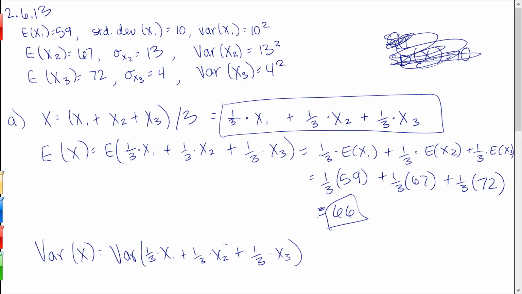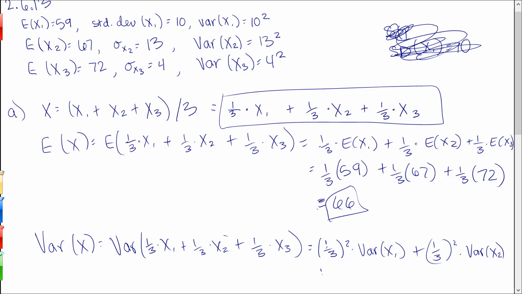If we have a number times x for our variance, the number just comes out squared. So it'll be 1/3 squared times the variance of x1, plus 1/3 squared times the variance of x2, plus 1/3 squared times the variance of x3.